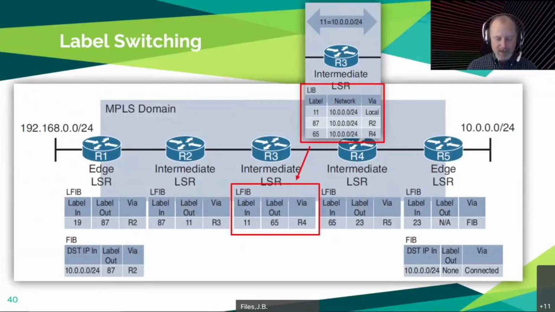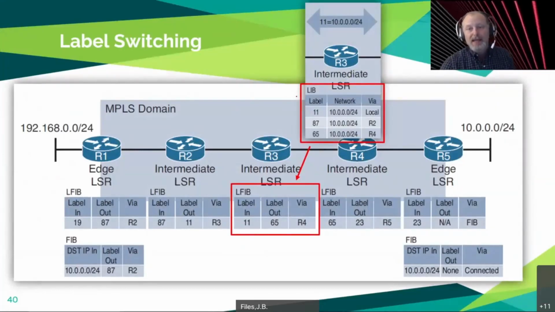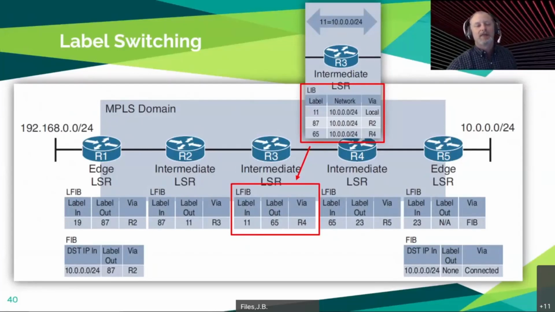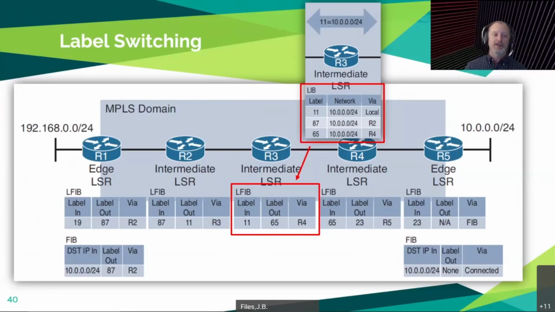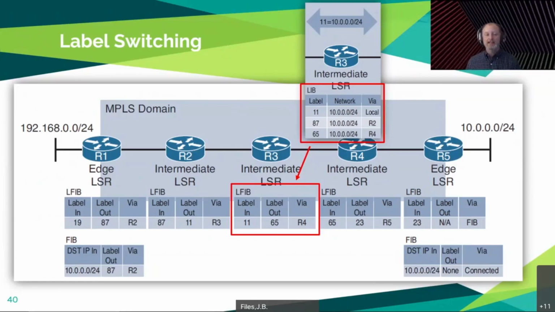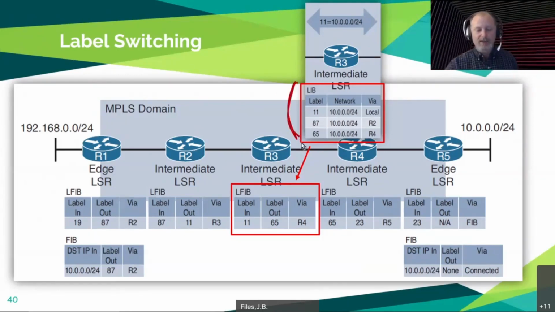Now, based on the information in the IP routing table, the routers have populated the label forwarding information base as appropriate. So this is the entire label information base for the 10 dot network.